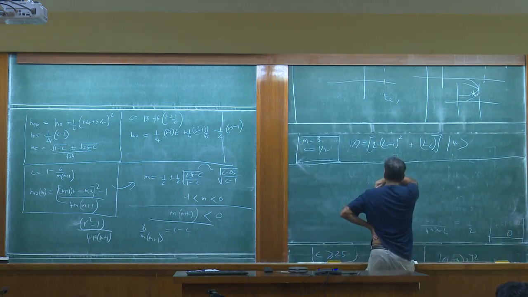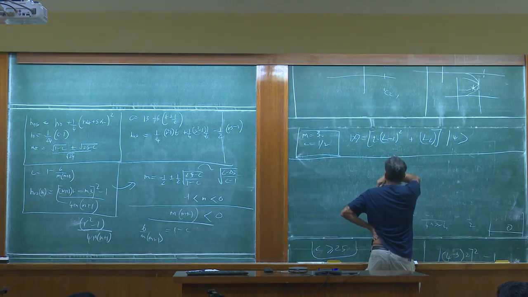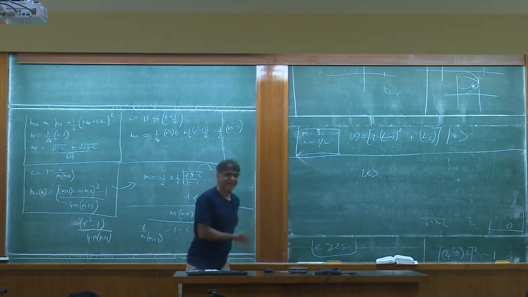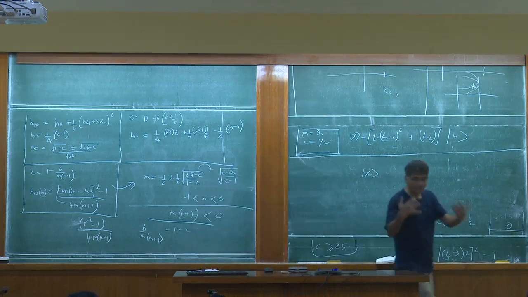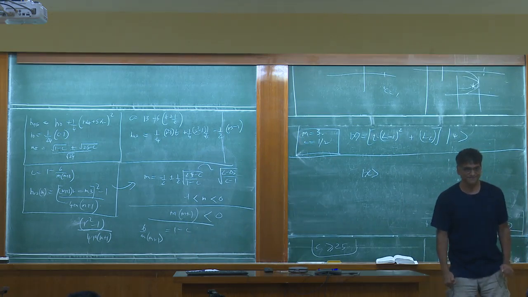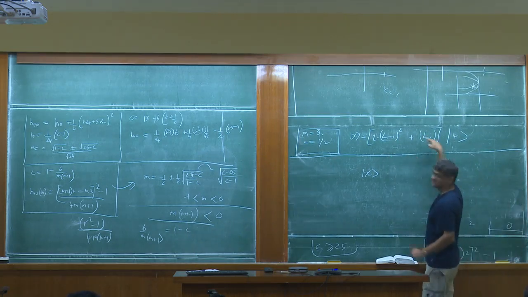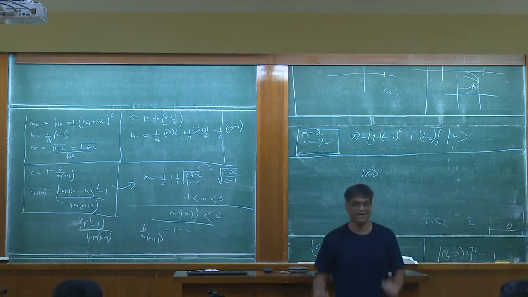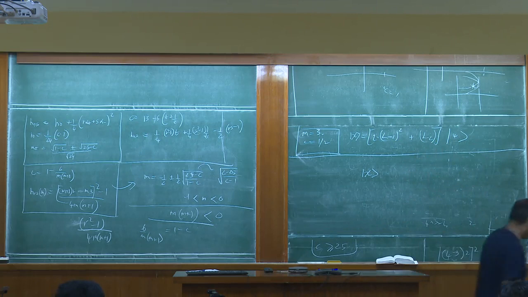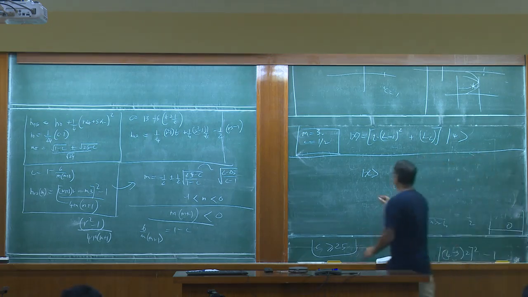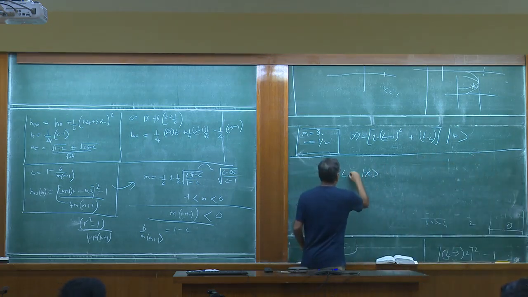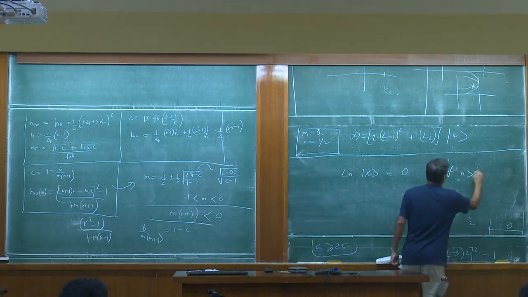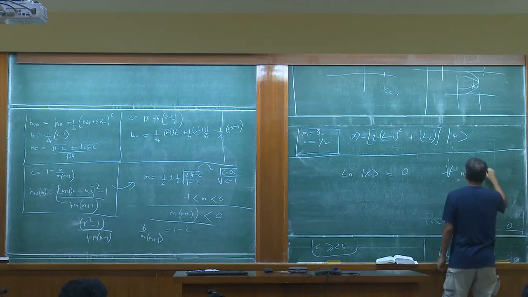Suppose we have a state chi that has the property that it is both a descendant, so it's of this form, a descendant of psi, but is also by itself a primary, which means that we can find chi for which L_n acting on chi is equal to 0 for all n greater than 0.